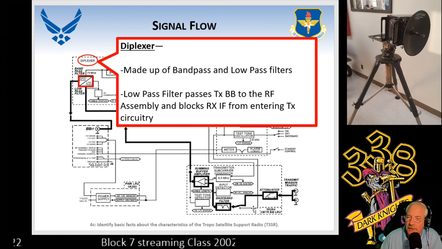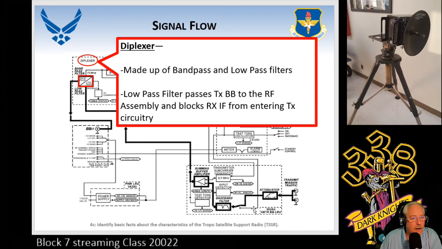So it's basically made up of filters to assist its back and forth flow of your baseband and your 70 megahertz.